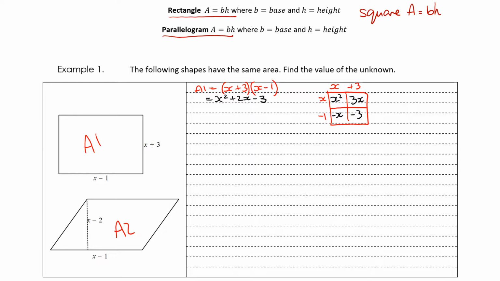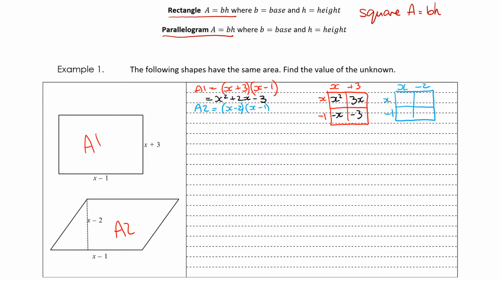Now let's do area 2. I'll do area 2 in blue. Area 2 is going to be x minus 2, x minus 1. So we'll draw ourselves a little box over here. X minus 2, x minus 1.